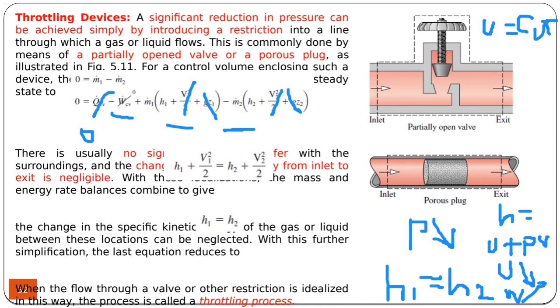So what happens in an expansion valve or a throttling device is pressure is reduced, volume is increased because there is an expansion, but at the same time, temperature is reduced. This is why expansion valves or throttling devices are used in the application of refrigeration.